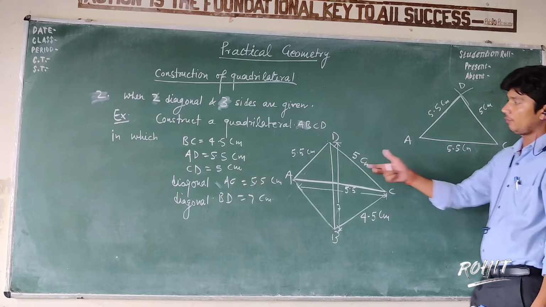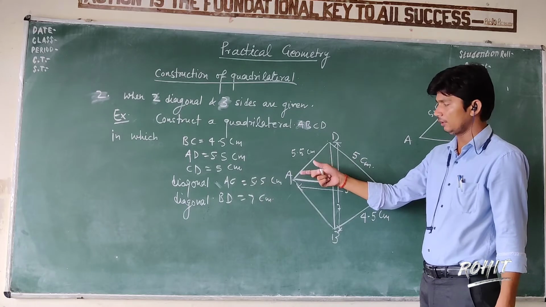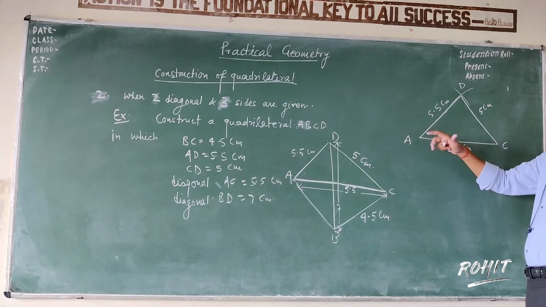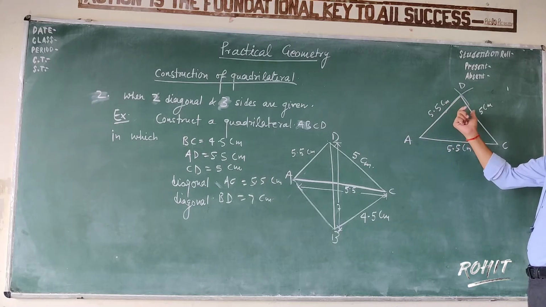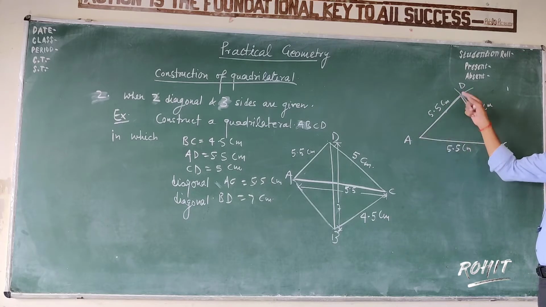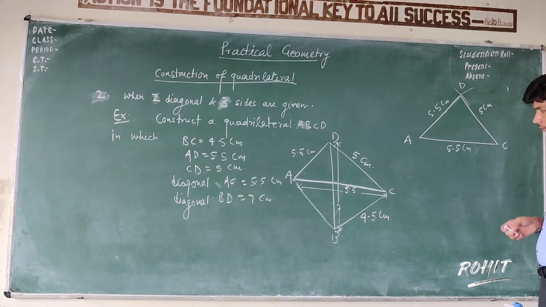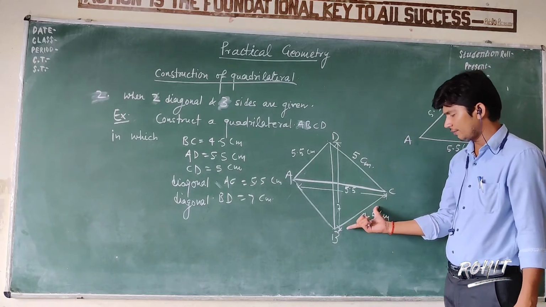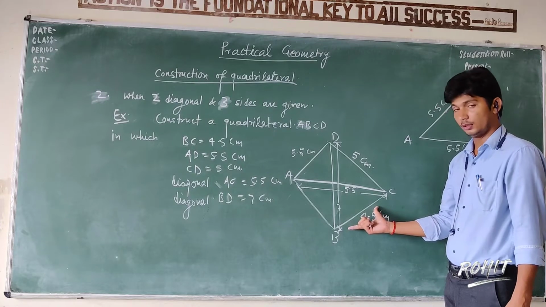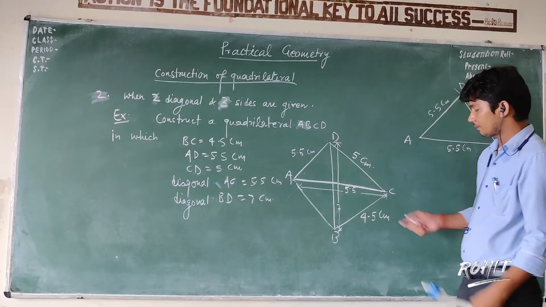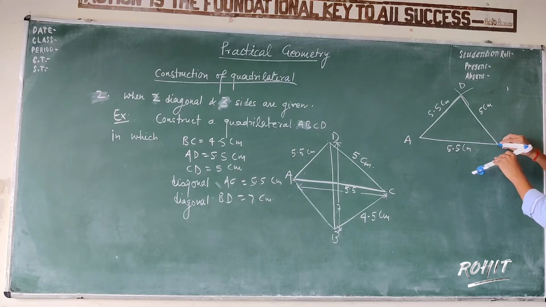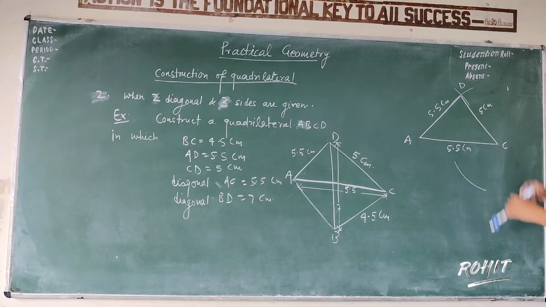Now take 5.5 centimeter length in the compass and take A as center and draw an arc, and this arc intersects the first arc at D. Join A to D. Now again take 4.5 centimeter length in the compass and draw an arc.